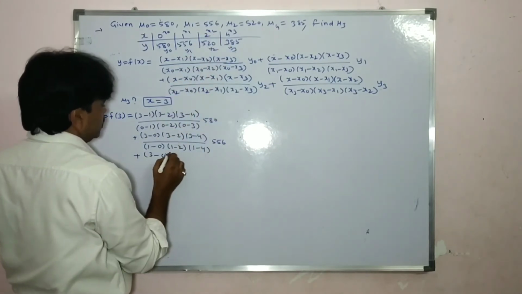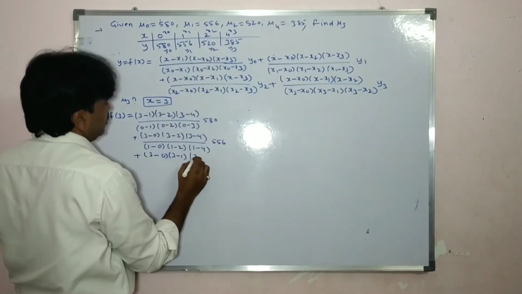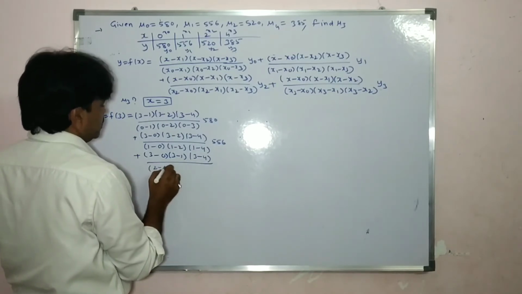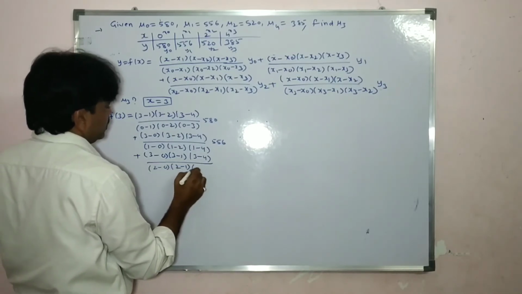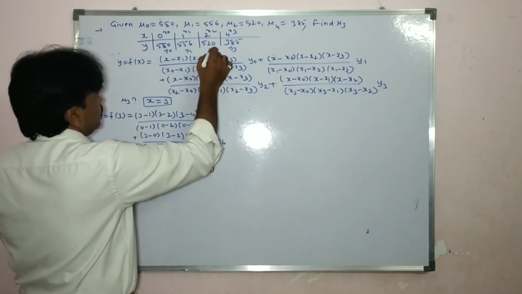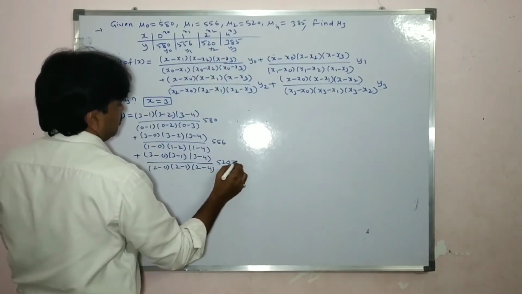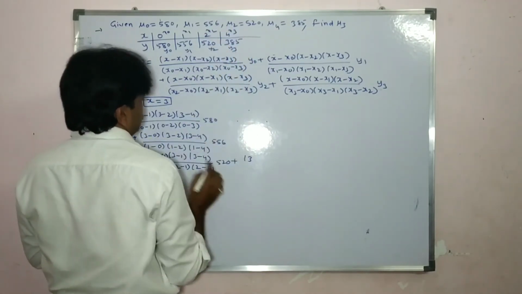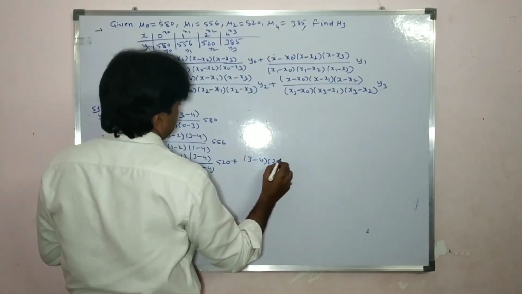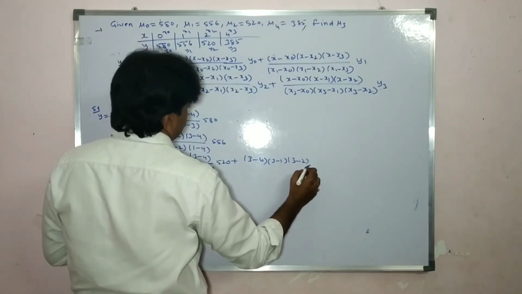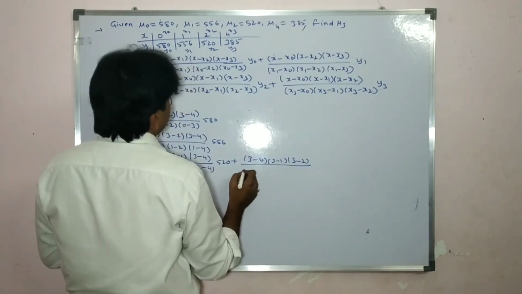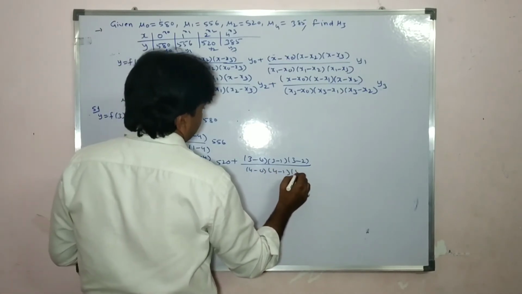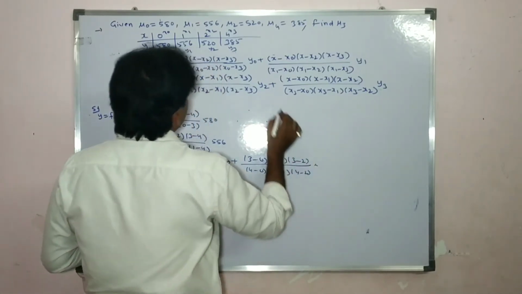So 3 minus 0, 3 minus 1, 3 minus 4 divided by 2 minus 0, 2 minus 1, 2 minus 4. What is the y2 value? 520 plus 3, this time skip 4. So 3 minus 0, 3 minus 1, 3 minus 2 divided by 4 minus 0, 4 minus 1, 4 minus 2 into y3.